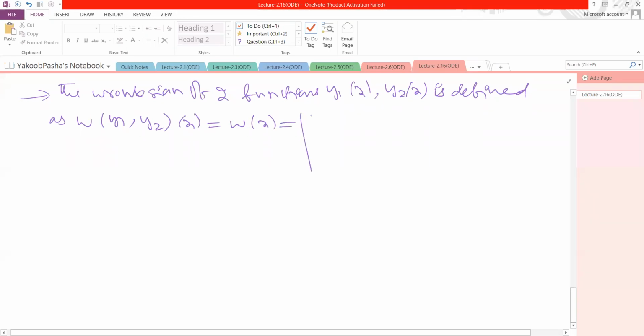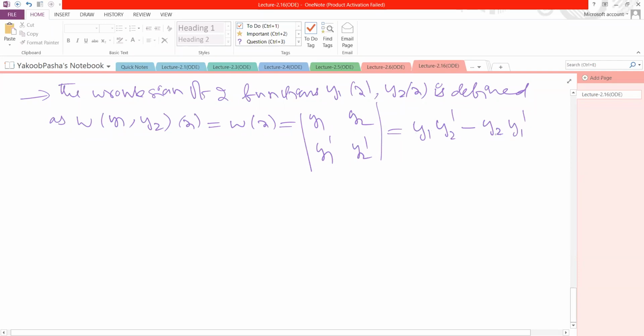That is equal to the determinant with rows y1, y2 and y1 dash, y2 dash. Now we can find the determinant here, that is y1 into y2 dash minus y2 into y1 dash. This is the Wronskian of two functions.